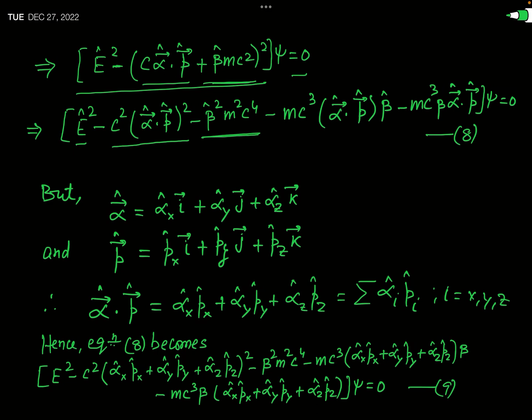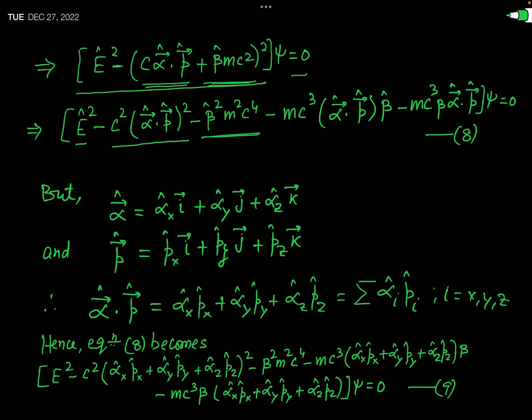Now we will operate this C alpha dot P on beta MC square. Remember, alpha dot P and beta hat are operators, so you have to maintain the order.